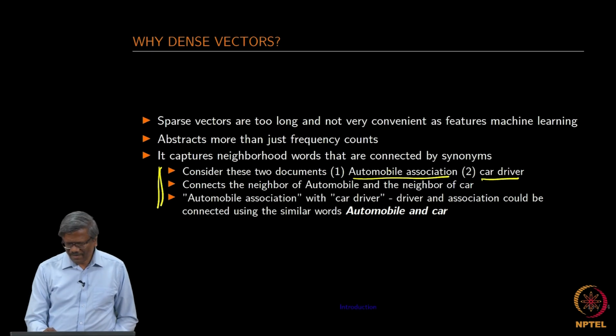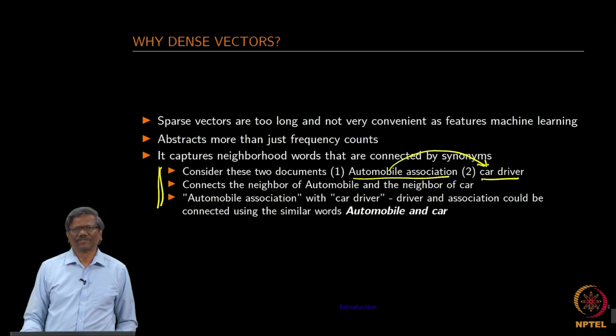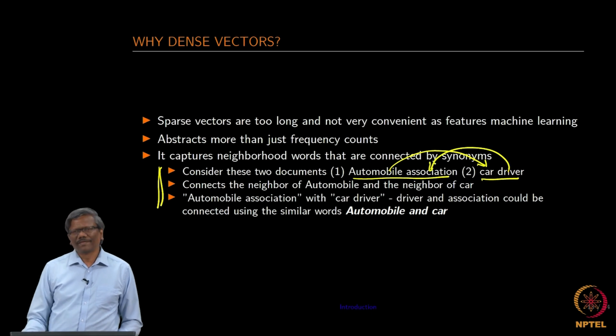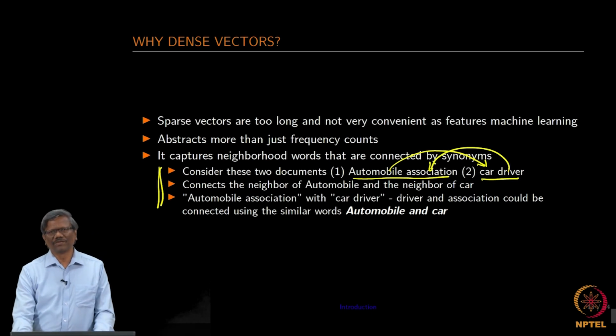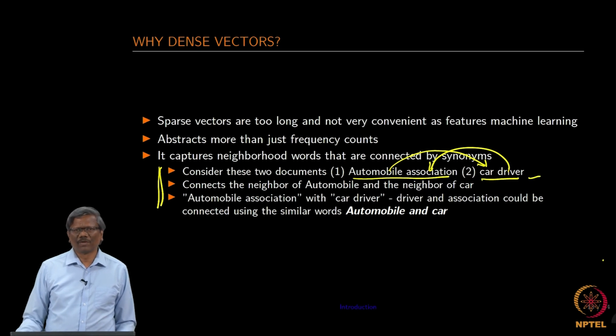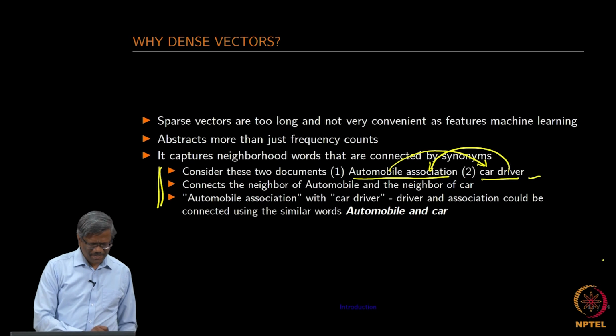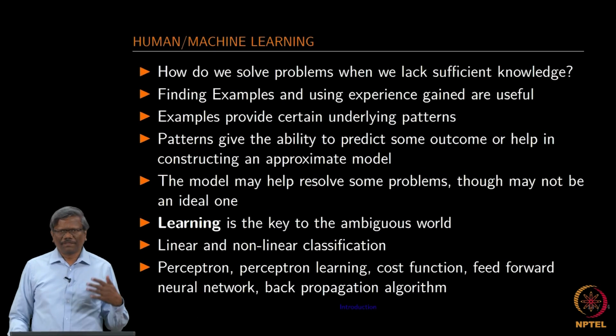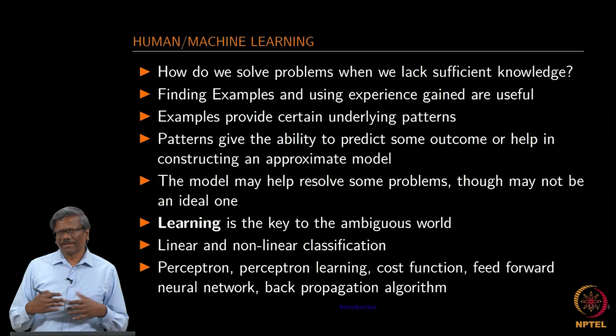Can we connect automobile and car automatically, or can we connect the driver and the automobile association to which he belongs as one? These are a certain kind of operation that we want to perform on the corpus.